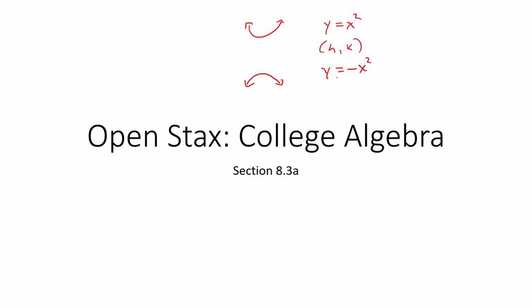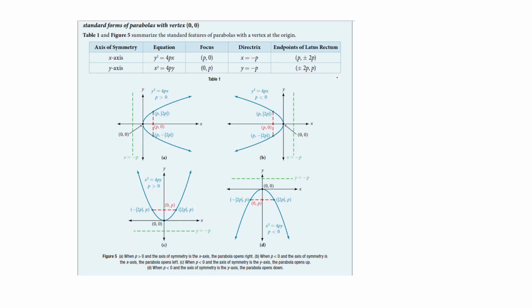So we're going to look at the standard form of a parabola, and that standard form has two possible equations. We have this one or this one. Now, this equation is going to be based on this idea of p, that there's some value that helps us define this. Now, as we get to this more advanced stuff, I don't have all of the proofs for why these equations work.